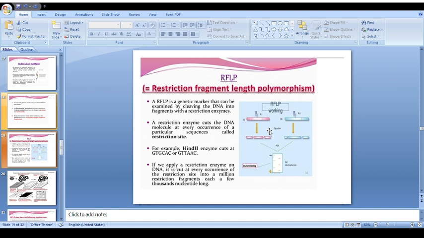The restriction enzyme cuts the DNA at a particular sequence. For example, the enzyme cuts at the sequence GTCCAA, which is a palindromic sequence. If we apply the restriction enzyme on DNA, it cuts at every occurrence of this particular palindromic sequence into millions of restriction fragments a few thousand nucleotides long.